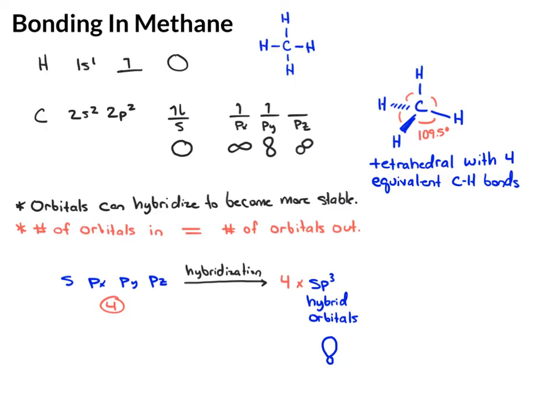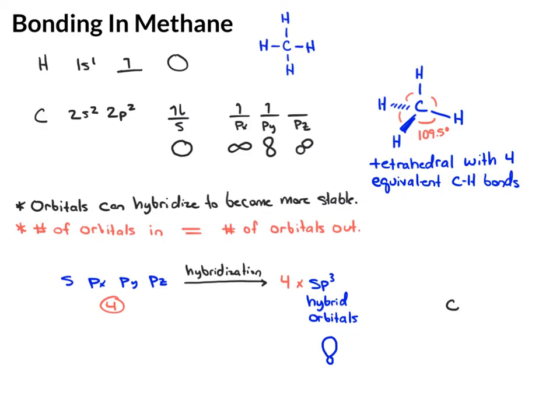So now that we have a carbon with 4 sp3 hybrid orbitals, we can think about how those most effectively arrange around the carbon to space out as far apart as possible. And 4 things, the furthest they can separate is in a tetrahedral arrangement. So we end up with our carbon, and I'll draw the 4 sp3 orbitals tetrahedrally around it.